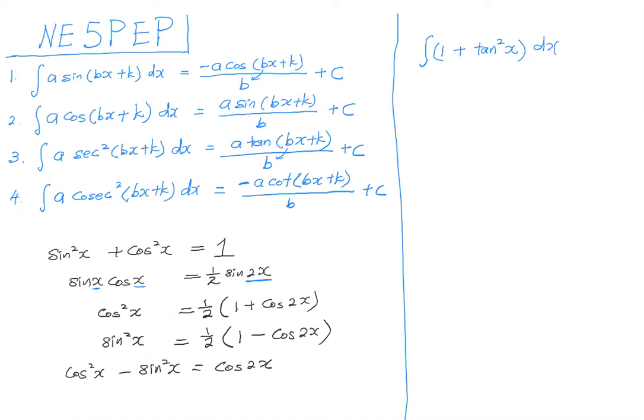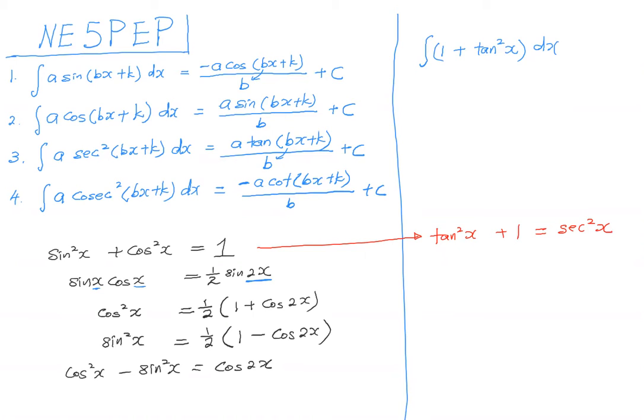Okay, so we have to also from here look at 1. If I divide everything by cos square, for here, I will have tangent square x plus 1 equal to sec square x. So it's good also to write down this.